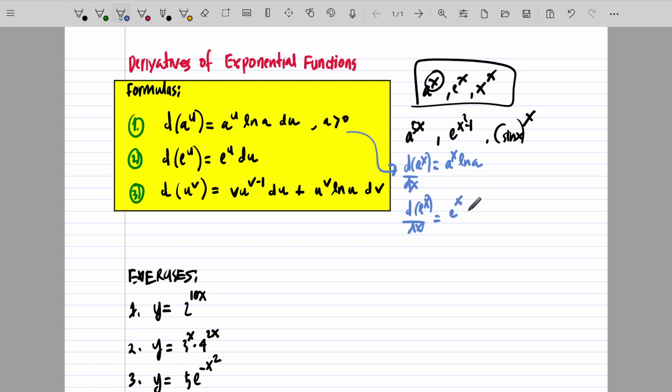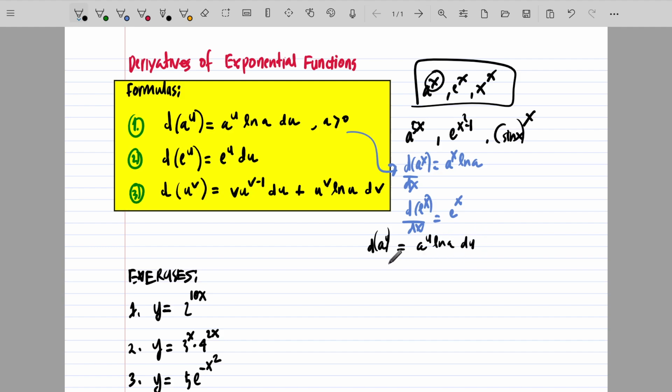Now, what if the exponent is not just x? Then we use the chain rule. Our first formula: the derivative of a raised to u is a raised to u, ln of a, and then du.